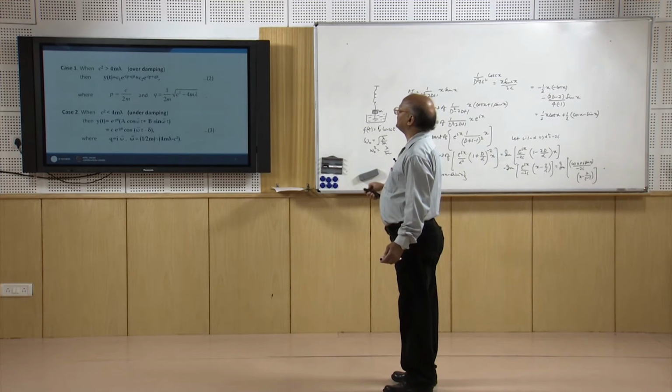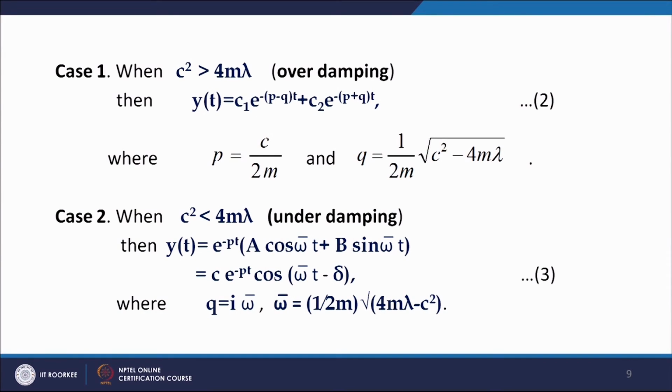So when t tends to infinity, this goes to 0, this also goes to 0, and here when t goes to infinity, e^(−pt) goes to 0, and cos(ω̄t − δ) is bounded, so this is tending to 0, and here also when t tends to infinity, because of the exponential function y(t) goes to 0.